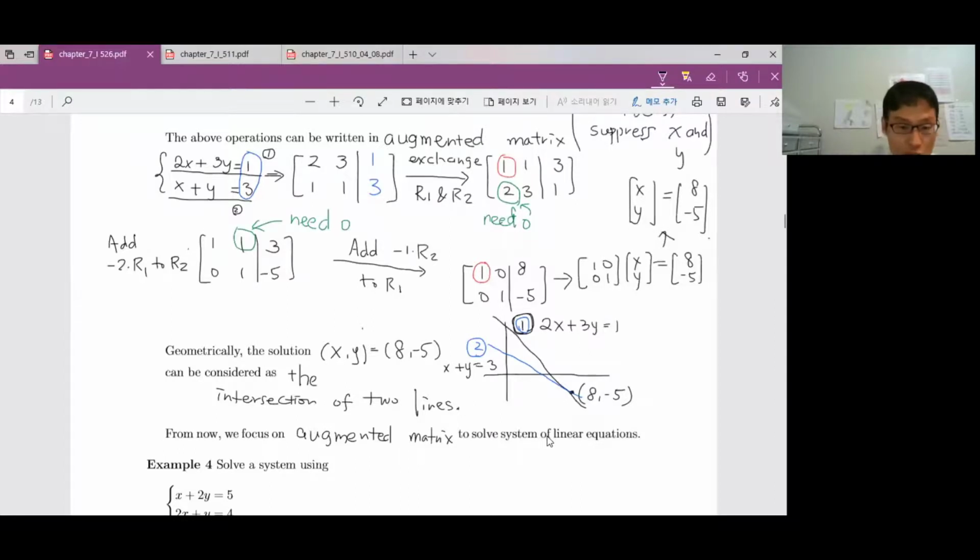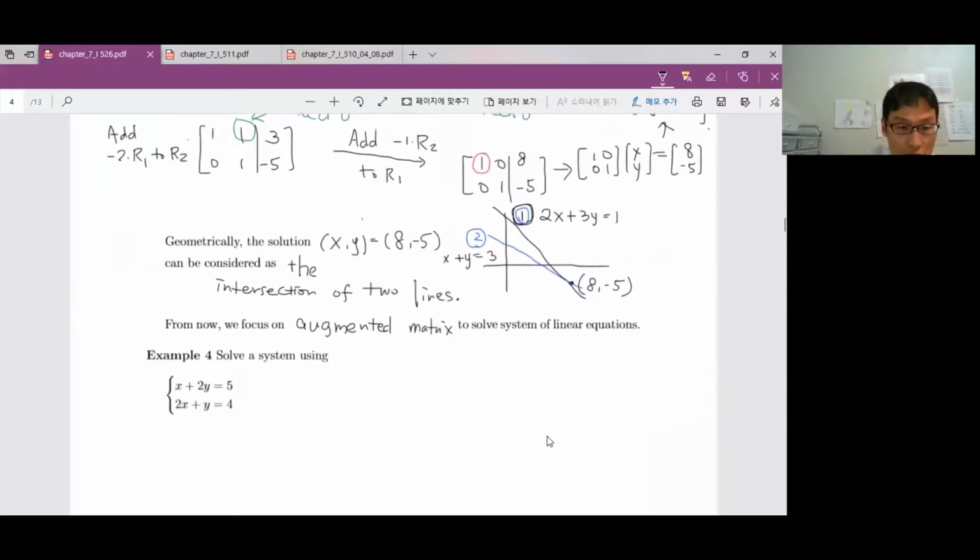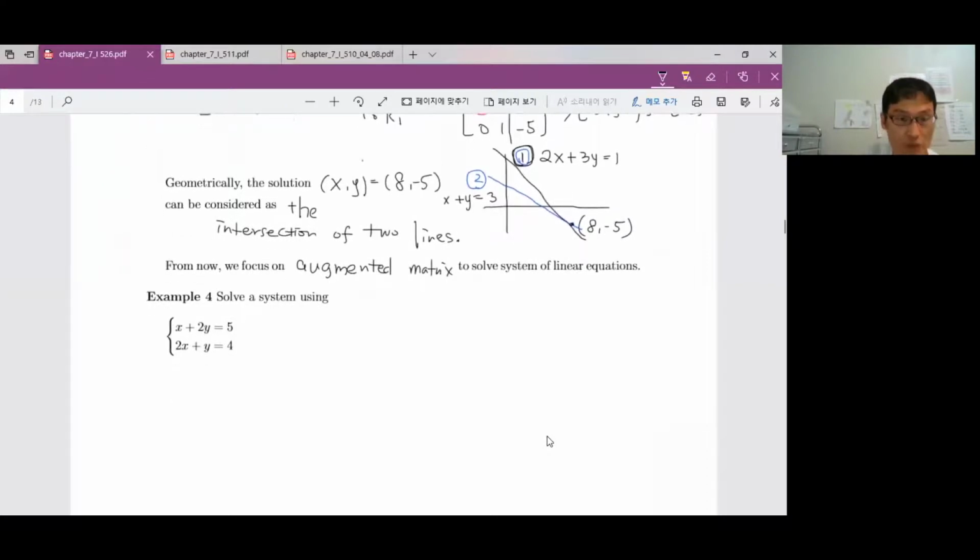All right, and then one more example, example 4. We want to solve the system using the augmented matrix. Okay, the first step is to suppress x and y, take only the numbers 1, 2, 5, 2, 1, 4.